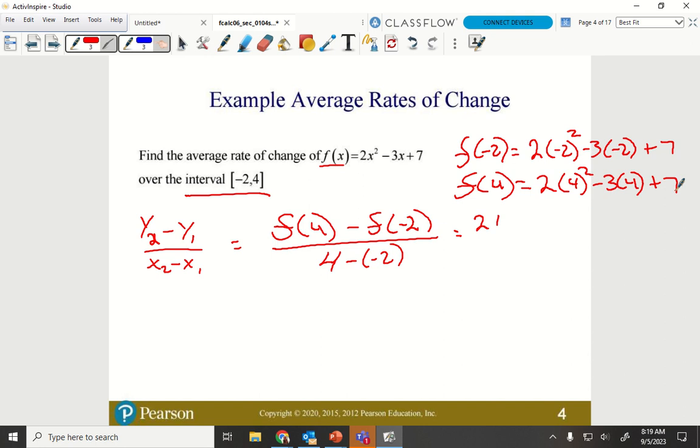What'd you get for the f of 4 then? Anyone get it yet? 27?